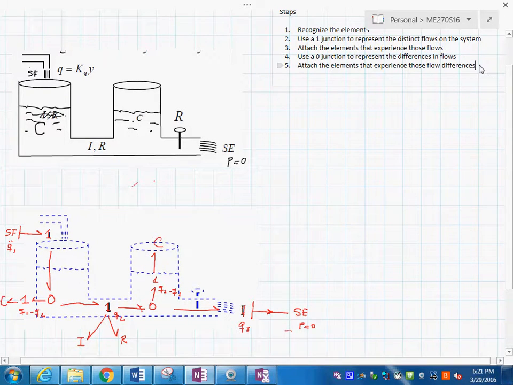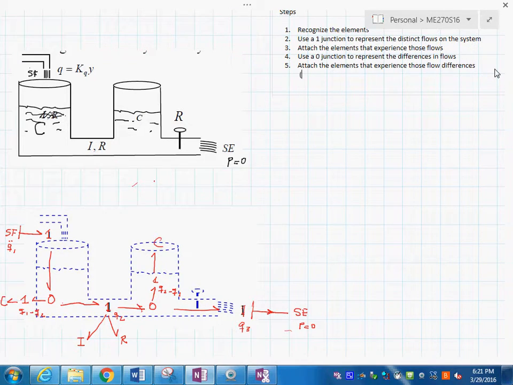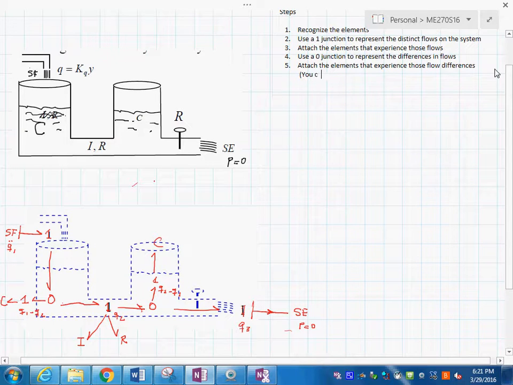It will number the bonds and assign the causal marks. Okay, that is my preferred method, and you could do the simulation from this model.